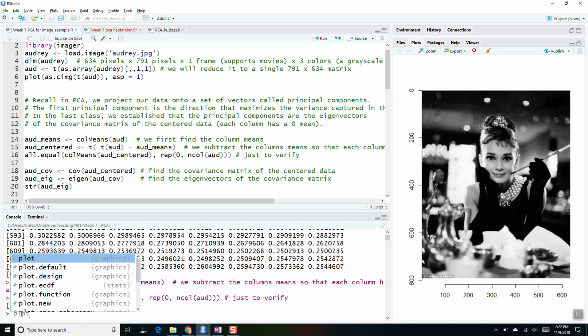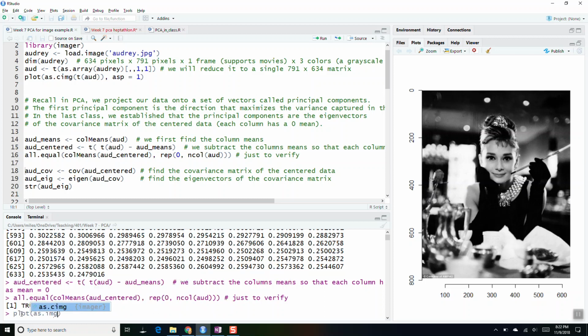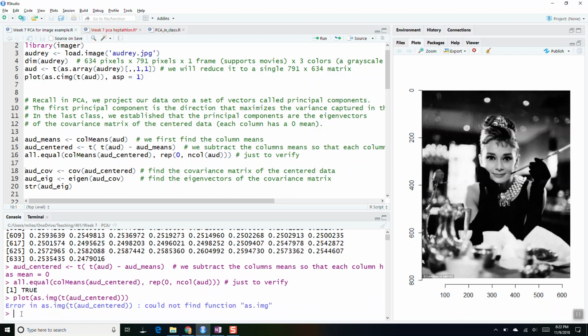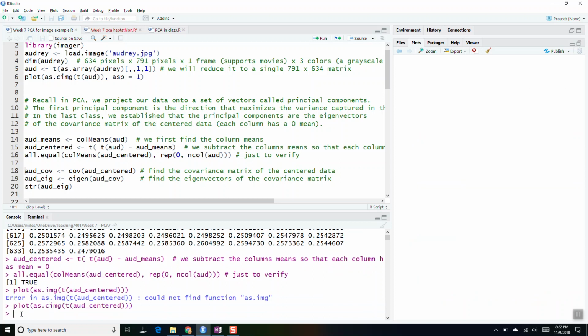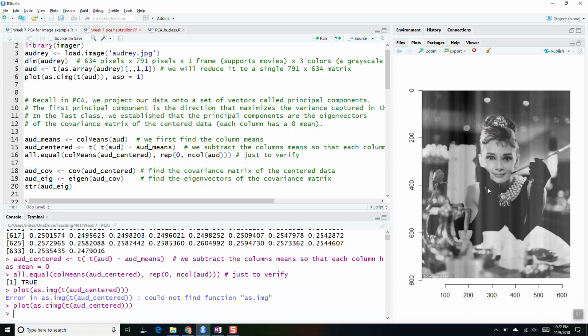And if I plot the image of the transpose of the centered matrix, this is what it looks like, which feels weird. It just feels like a streaky version of it. But what we've done is we've subtracted the mean of the column out so that the average of this column, if we took all of these values, will be 0, okay?